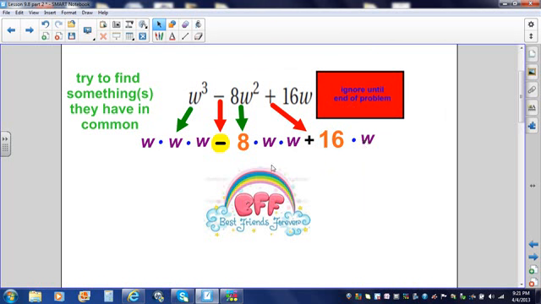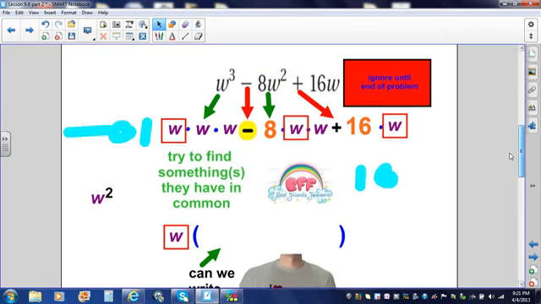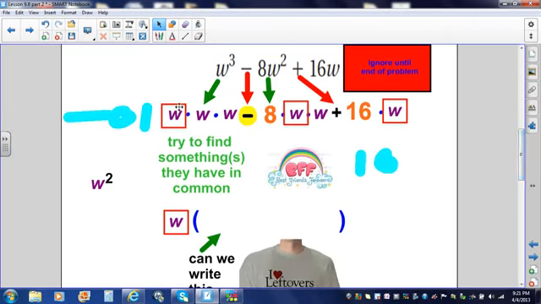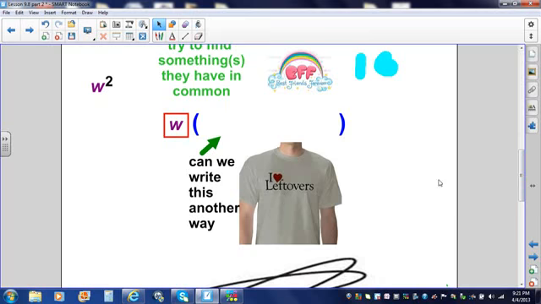So we're going to say that they are BFFs, best friends forever. So let's see what they have in common. Well, I see that they all share a w. So we found the thing that they have in common. They all share a w. So I'm going to write a w here. This is what they share. Remember, I love leftovers.